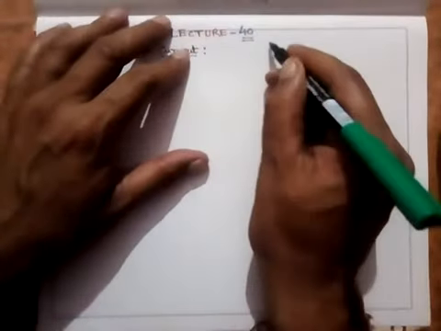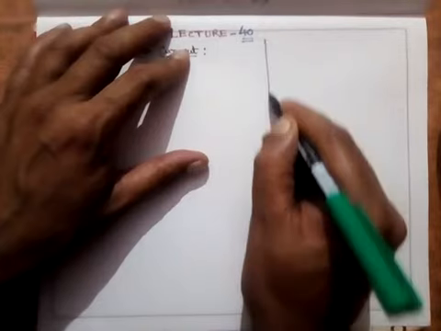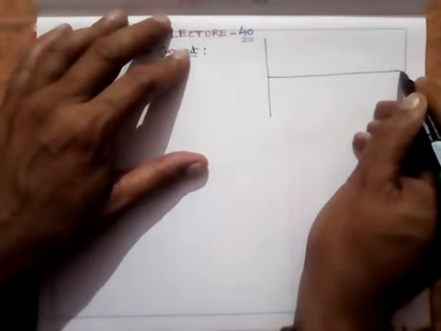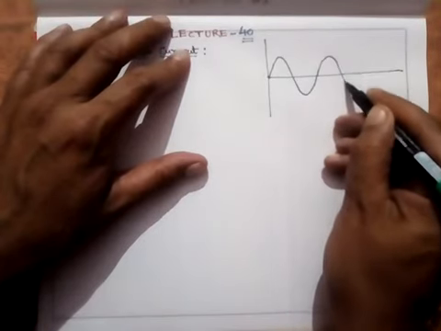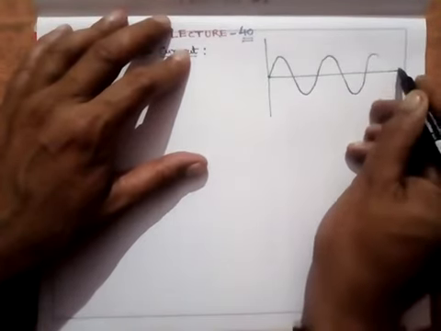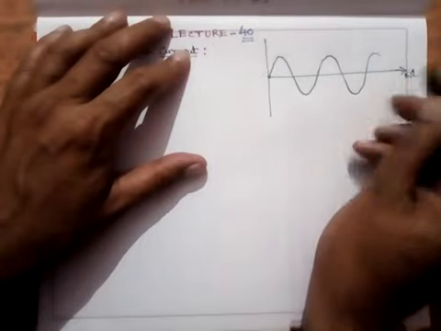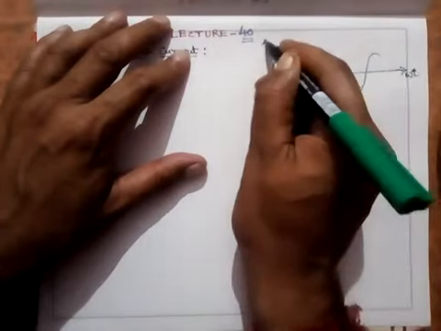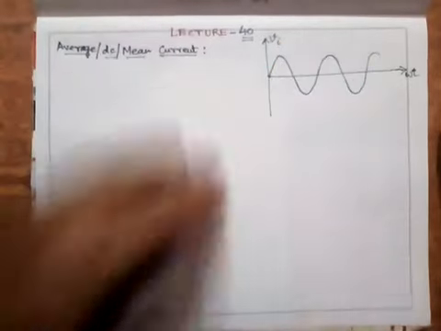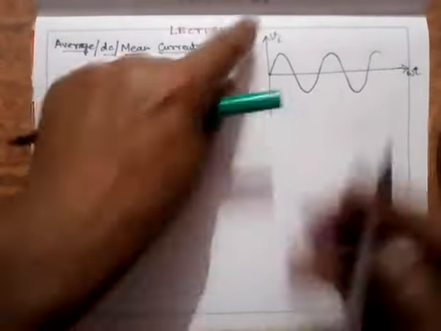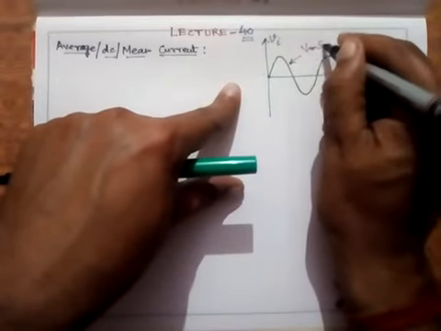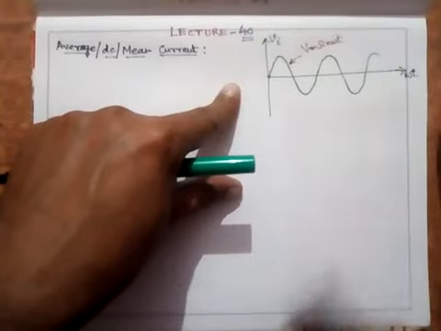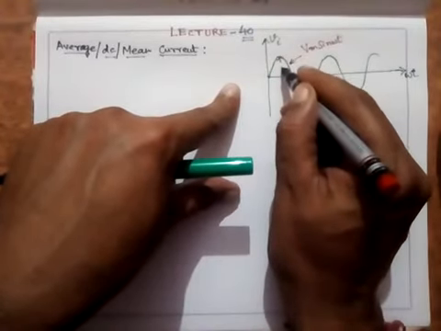So I'm just rewriting this again. That is, what we have done, if this is the input wave, of course this is omega t on this side, and suppose I say that this is the input voltage Vi, and the instantaneous value of this, instantaneous means the value at any instant, the equation of this wave is Vm sin omega t, where this maximum amplitude is called Vm.